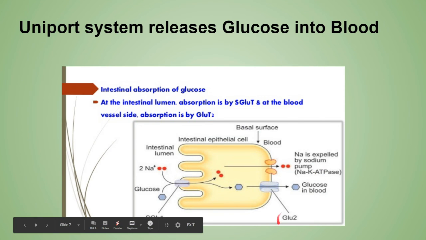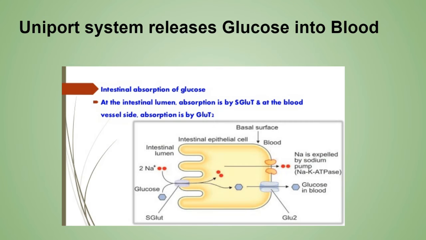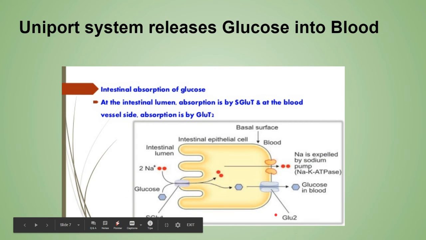And over here, out of all these glucose transporters, only GLUT2, glucose transporter 2, is used for this process. That means transferring of the glucose from the intestinal epithelial cell into the blood. Now what actually happens in this process is the ping pong mechanism.